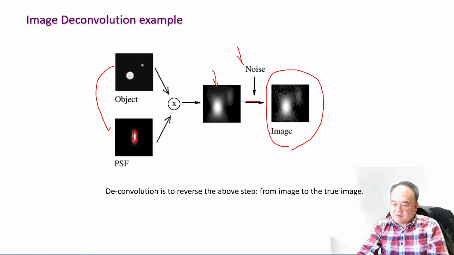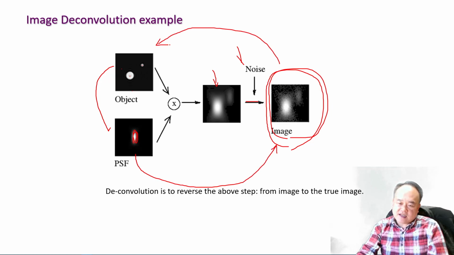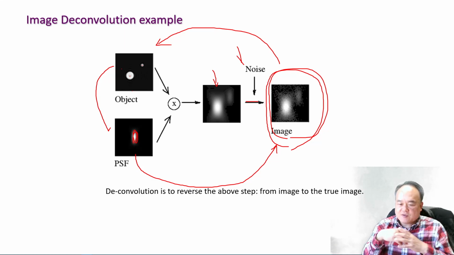Deconvolution starts from this observed image. By using this known PSF information, how do you go back to this? Basically through the inverse Fourier transform, or not.